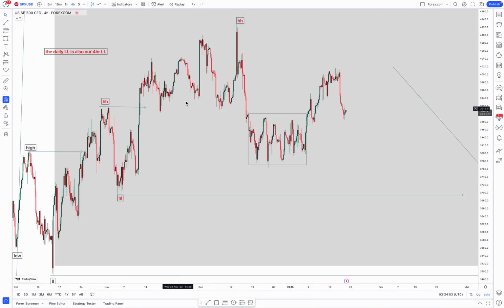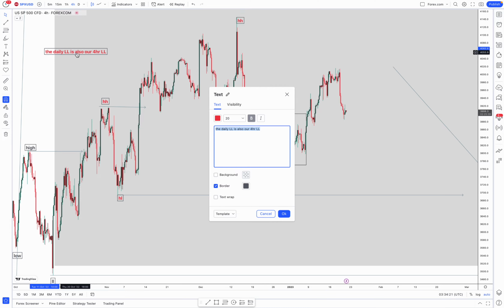So as far as we're concerned right now, we are in a retracement phase. So let's write that down. We are in a retracement phase in 4 hours.